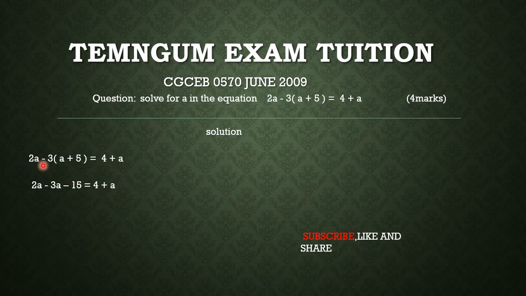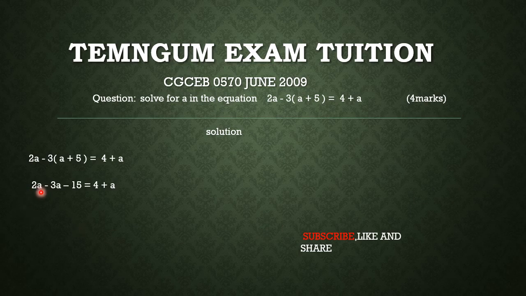Now just know that when you multiply two numbers or two quantities with the same sign, the answer will always be positive. Multiplication, I insist. When you multiply two numbers with the same sign, the answer will always be positive. But once they have opposite signs, like you have here in this case, the answer will be negative. Very good. Now let's go to the next step.